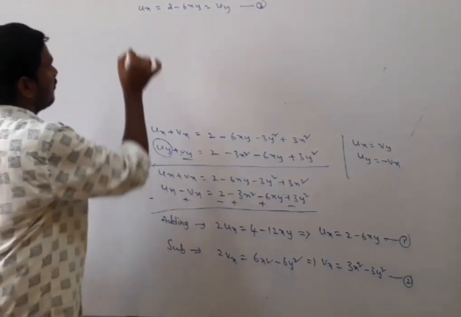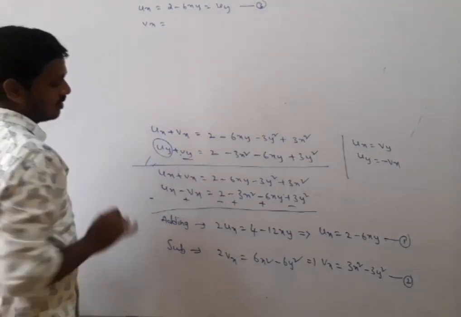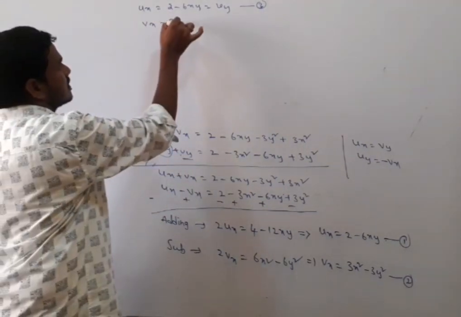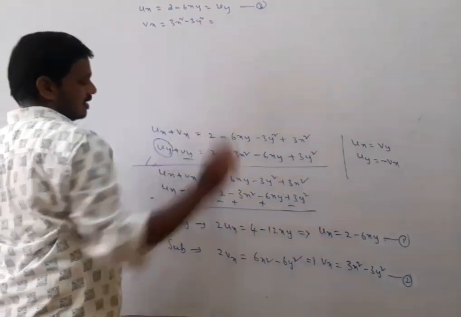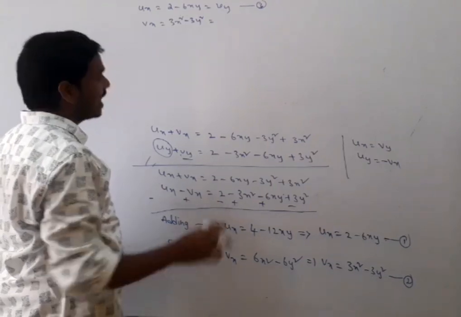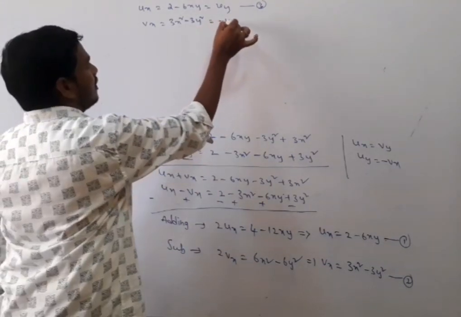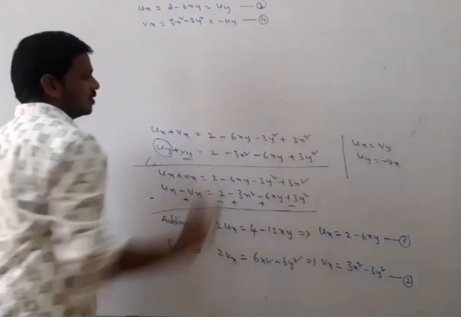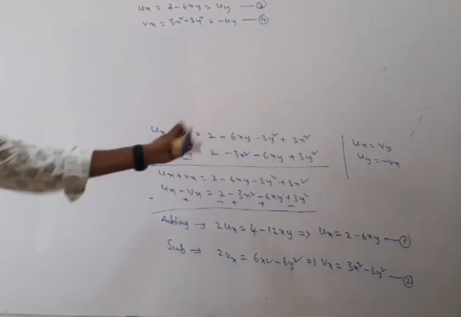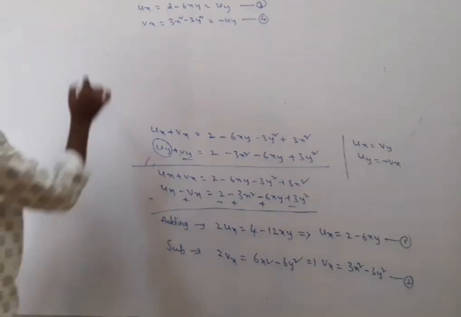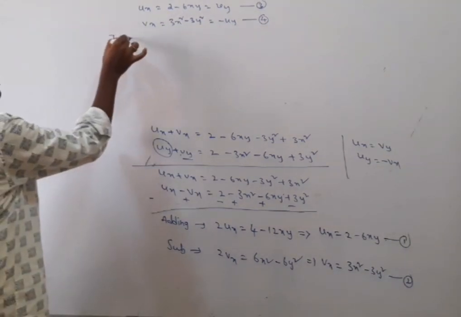Next, vx is equal to 3x square minus 3y square. Yes, it is the same as vx is equal to minus uy. Say this is 4. Using the CR equations, uy is equal to minus vx, or vx is equal to minus uy.